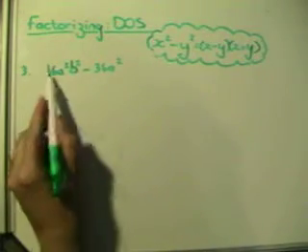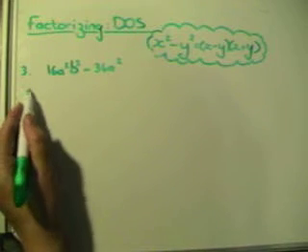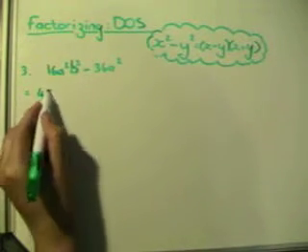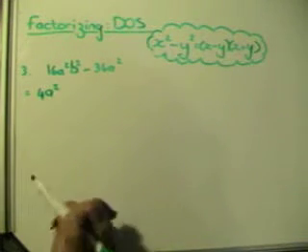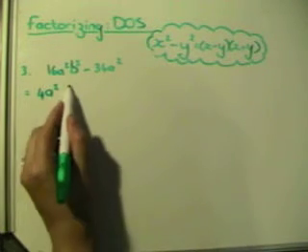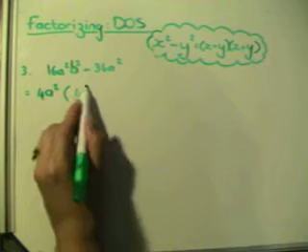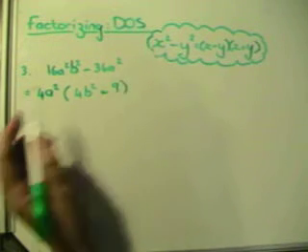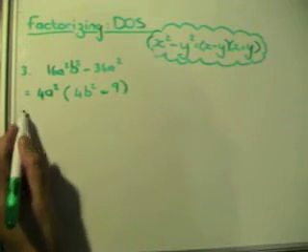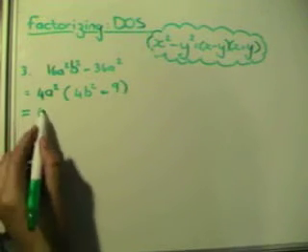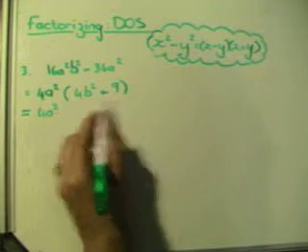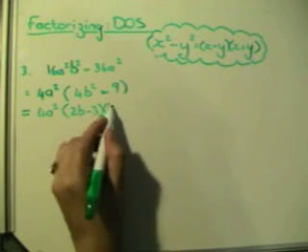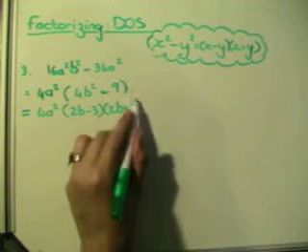4 divides into both these numbers, so I can first take out 4 and a squared is also present in both terms, so I can also take out 4a squared, and then I'm left with 4b squared minus 9. And then what I'm going to do is I'm going to factorize only this to 2b minus 3 and 2b plus 3.